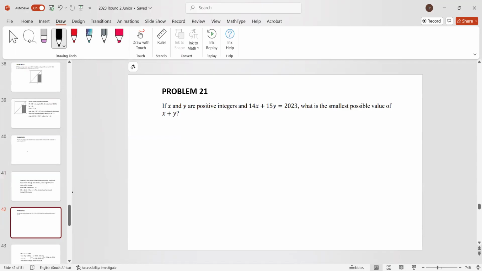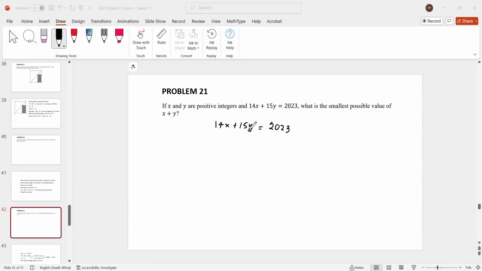And you got that 14x plus 15y is 2023. So what is the smallest possible value of x plus y?